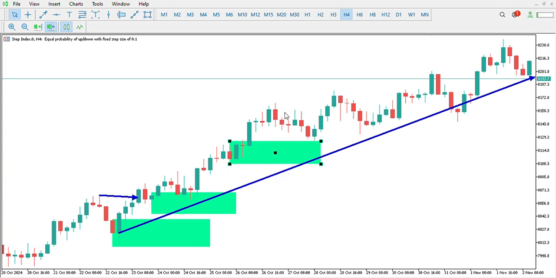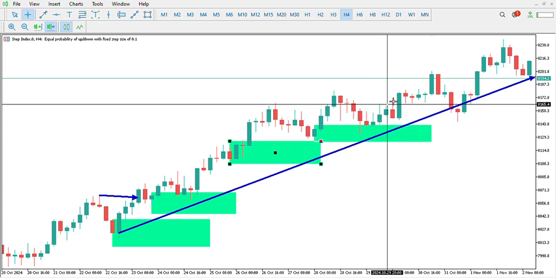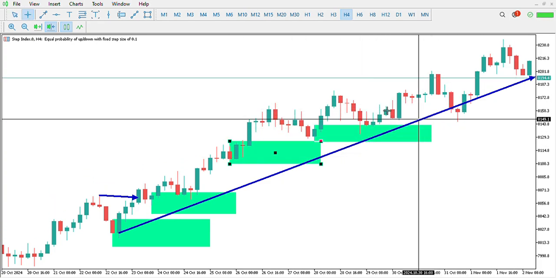Are you seeing something, my students? It is not breaking this law. It is respecting. So that's how the market structure is.